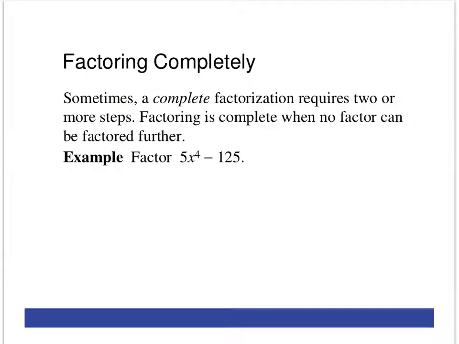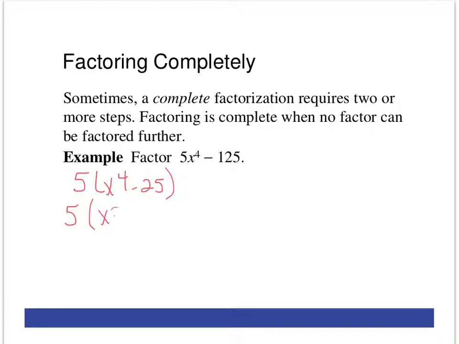Alright, factoring completely. Sometimes a complete factorization requires 2 or more steps. Factoring is complete when no factor can be factored further. So, we're going to try this one. Step 1, factor out the GCF. When you take out the GCF, we get a 5, so I'm left with x to the 4th minus 25. That's a difference of perfect squares.